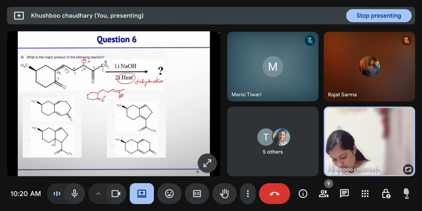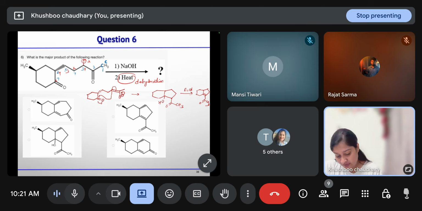After this enolate formation, you will get this one. And then through the E1cB mechanism, we will get this as the major product.